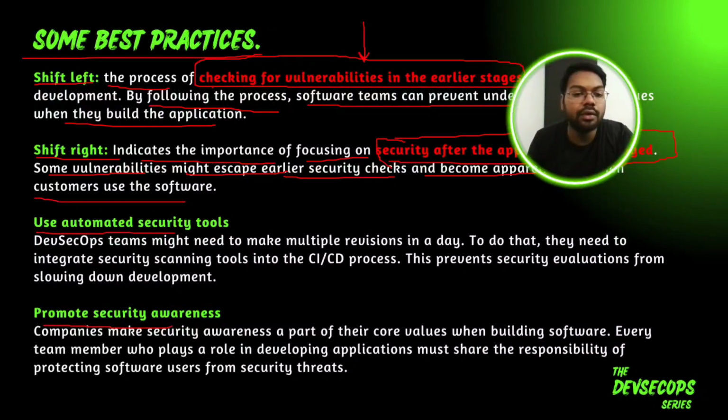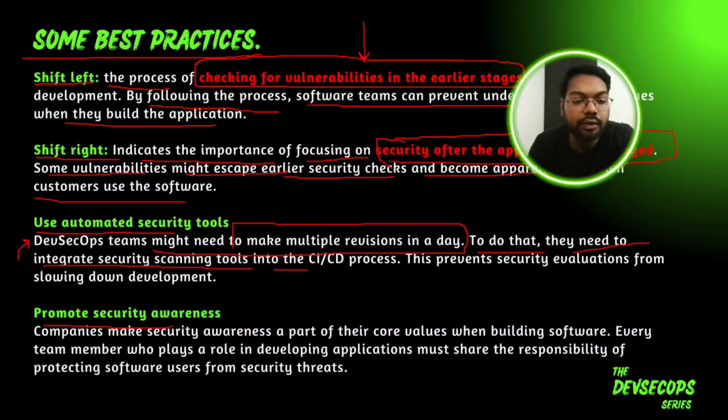Then usage of automated security tools is also one of the security best practices that we see in the DevSecOps area. DevSecOps teams might need to make multiple revisions in a day, and to do that, they need to integrate security scanning tools into the CI/CD process, and this prevents security evaluation from slowing down development. Checking for vulnerabilities is a really difficult task, and if you are doing it manually, then oh God help you.